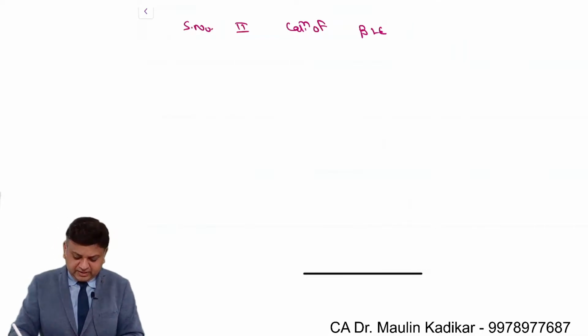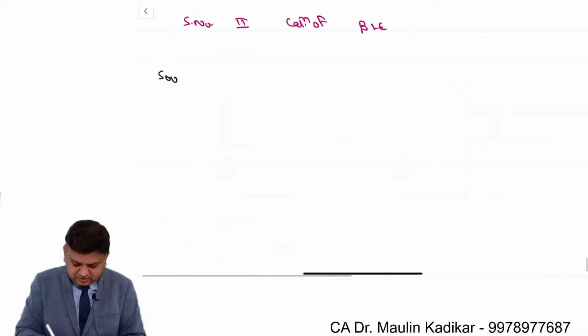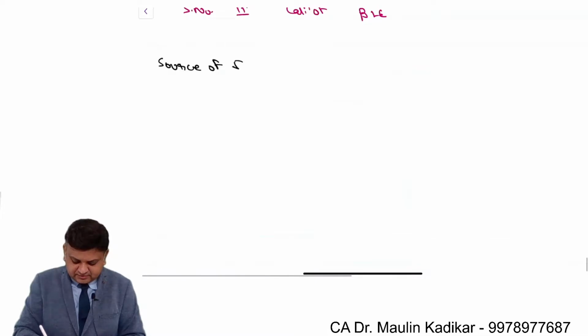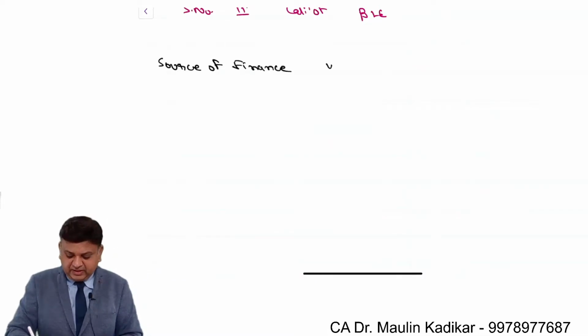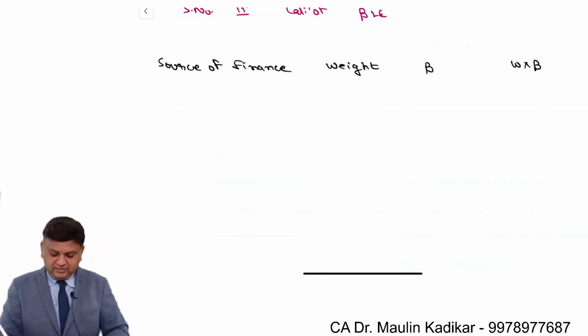I request all of you to write down the answer along with me. Column number 1 will be source of finance. The second column will be weight or proportion. Third column will be beta, and the last column will be weight into beta.